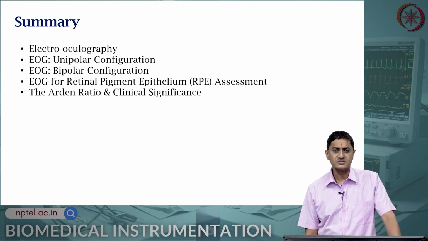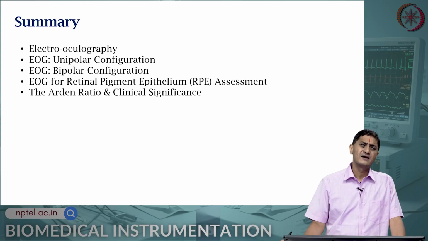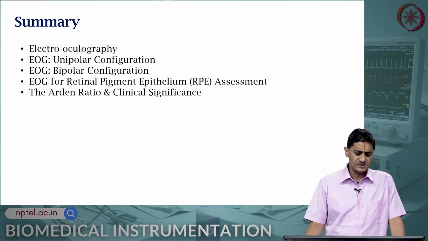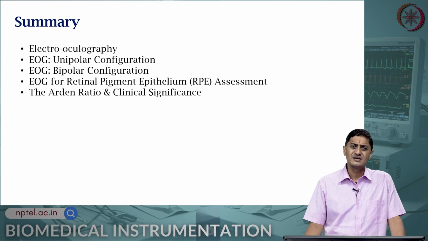Okay. So, with this we come to the end of this video. In this video we looked at EOG, unipolar and bipolar configurations. Quite often unipolar is used along with EEG, for example, to identify movements of the eye so that appropriate signal processing adjustments can be made in EEG itself.